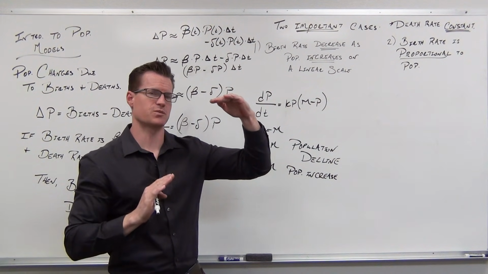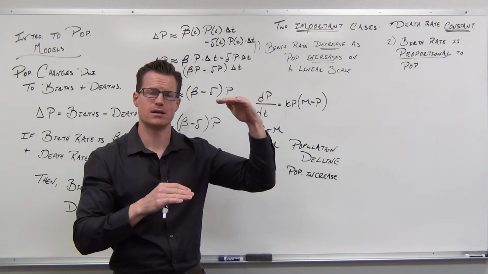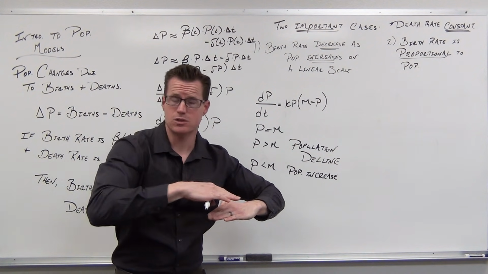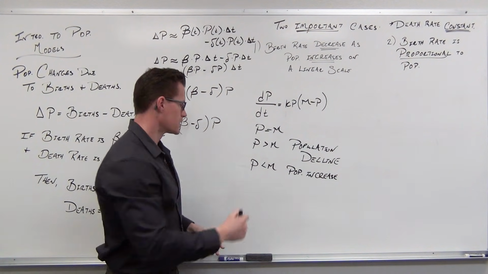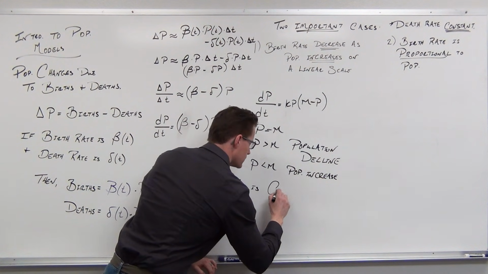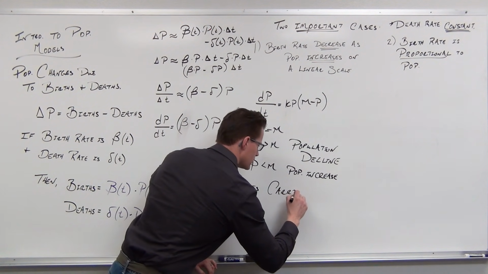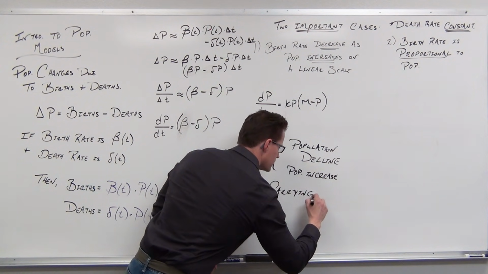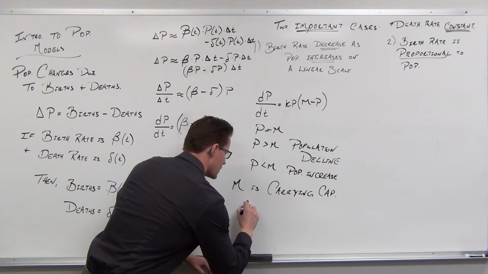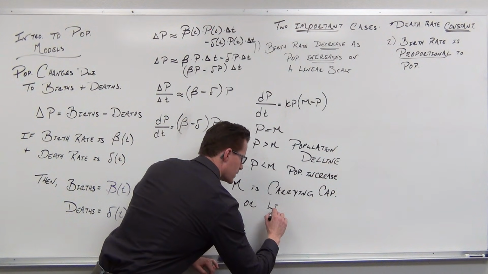So if our population starts below it and we get up to it, it's called our limiting population. And if it's something that we fall down to, it's called our carrying capacity. So M is this value that's either a carrying capacity or limiting population.